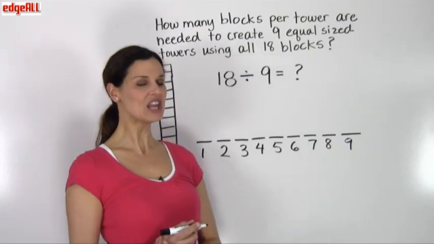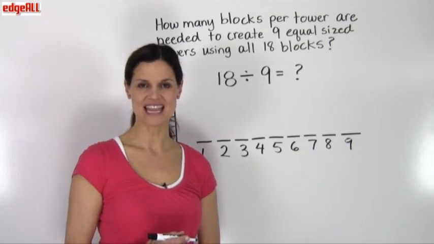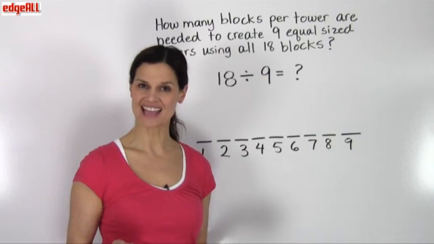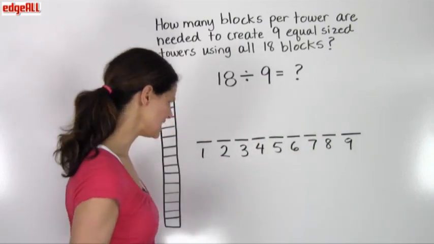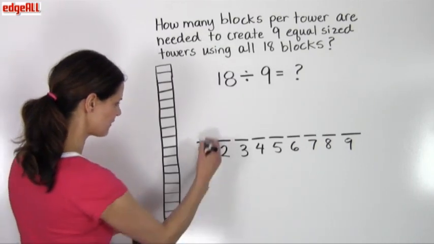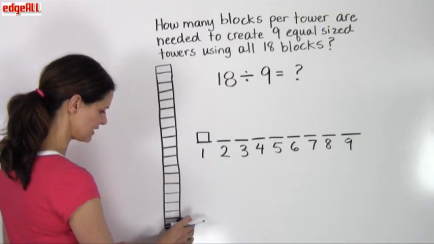Since we know that we want the same number of blocks in each tower, let's begin by moving one block at a time over onto these smaller towers. I'm going to start by taking my first block and putting it in the first position.